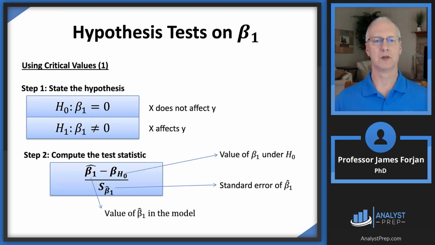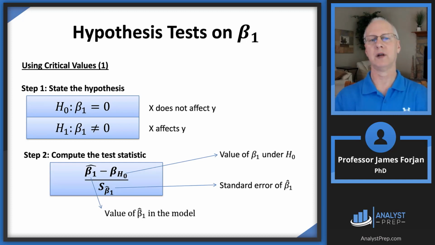All right, let's go ahead and state the null hypothesis. What you do is you create the null hypothesis as if you want the test to fail the null hypothesis. So with interest rates and changes in GDP, our null hypothesis is that interest rates have no impact on GDP.